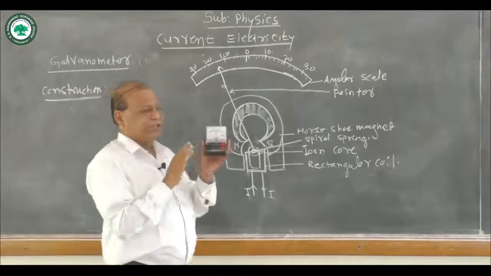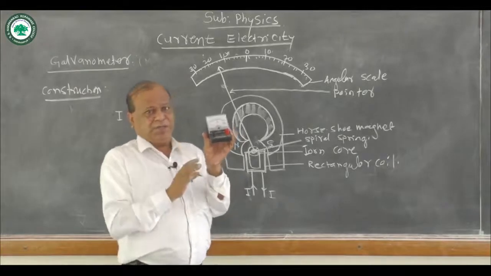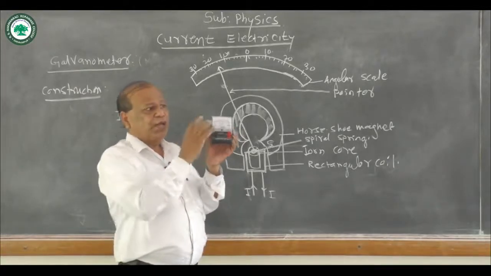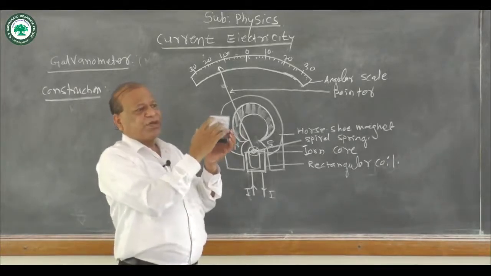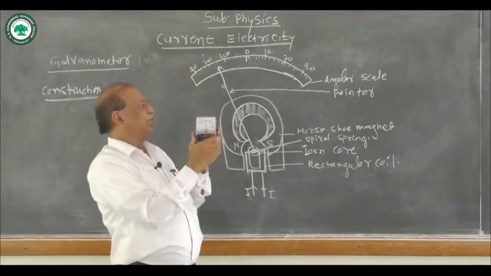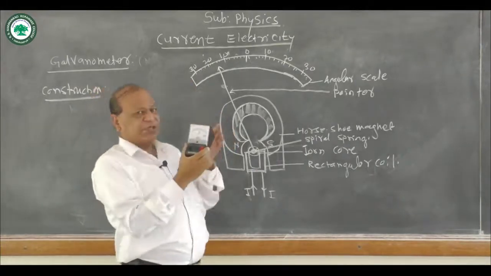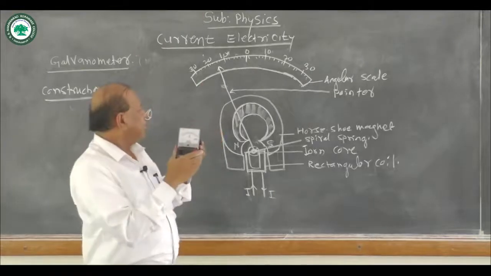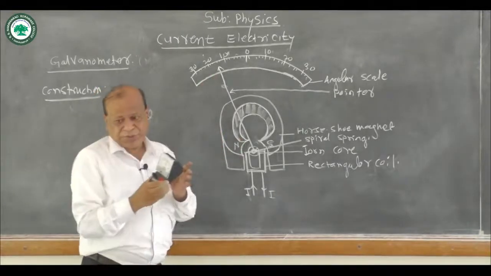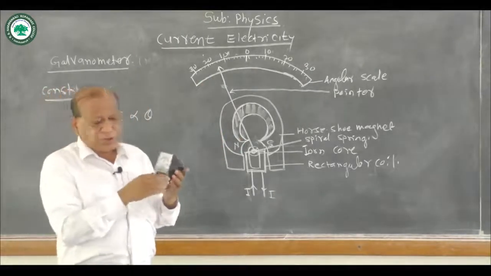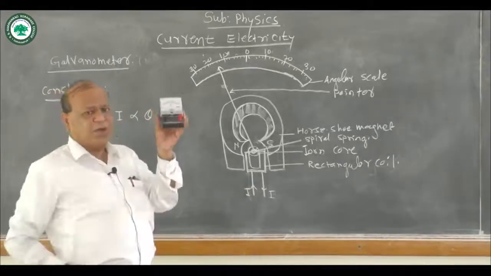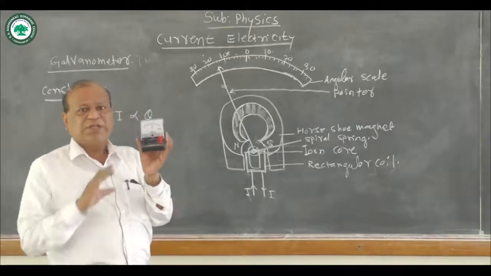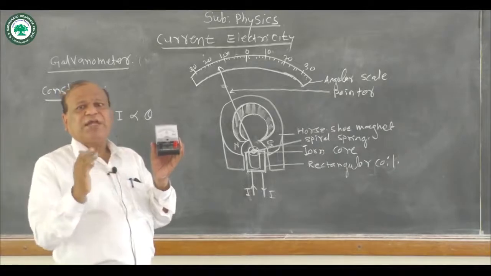It is very sensitive to current. Therefore, we can measure the current and potential difference of a given circuit or through this galvanometer. So, this moving coil galvanometer is converted into an ammeter and voltmeter.